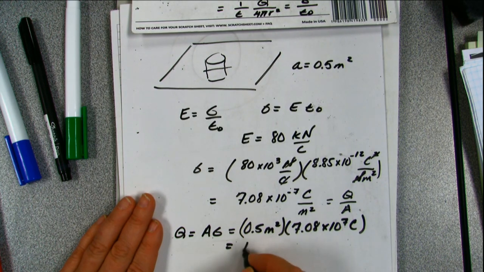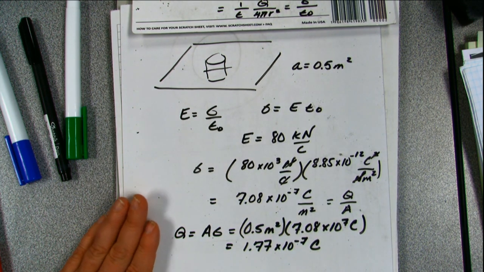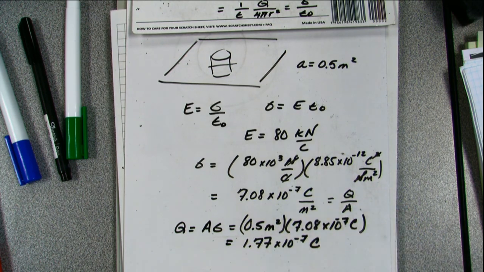And that gives me 1.77 times 10 to the minus 7 coulombs. Yeah, that should be minus 7 right there, because I'm just carrying through that part.